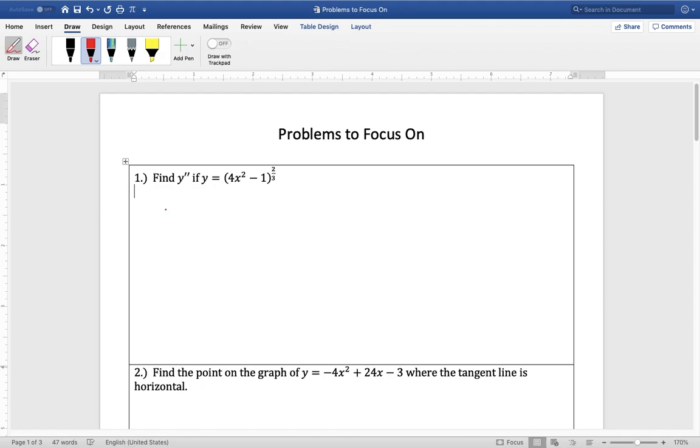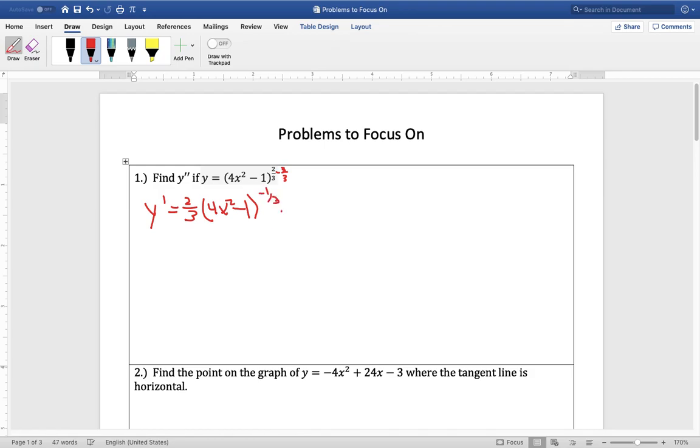All right. So finding the first derivative, this is just going to be your quotient rule. Well, not quotient rule. Geez, chain rule. 2/3 times 4x squared minus 1 to the 1 less. So you leave the inside alone, and if you subtract 3/3 from this, you're going to get negative 1/3.